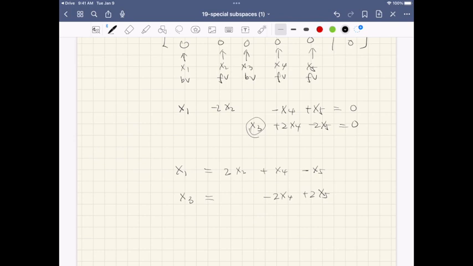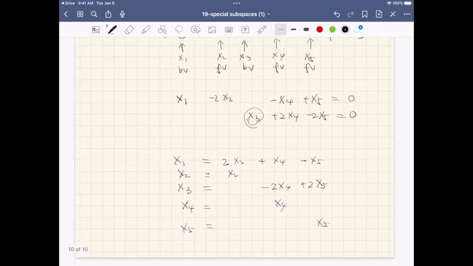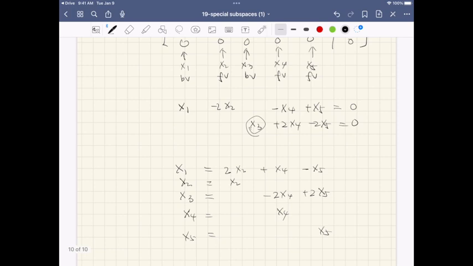And to write the vector form, we don't forget the free variables, copy them down. Now rearrange this answer to the vector form.